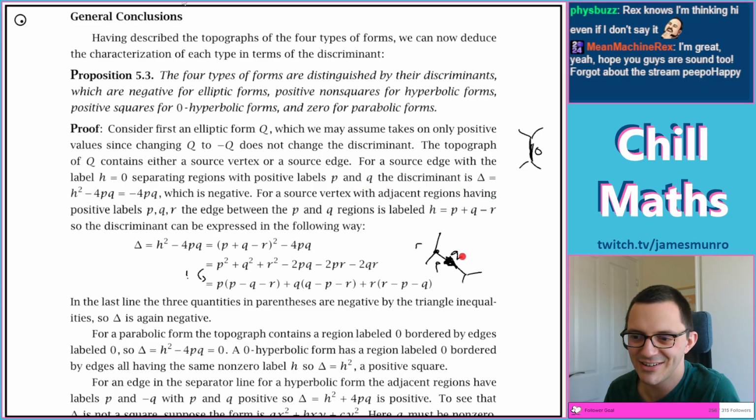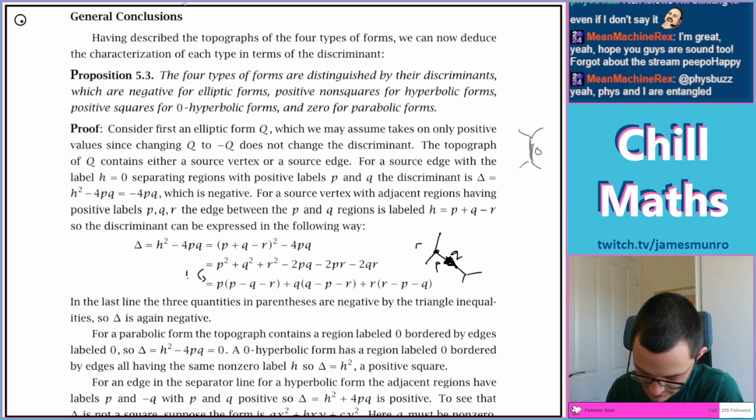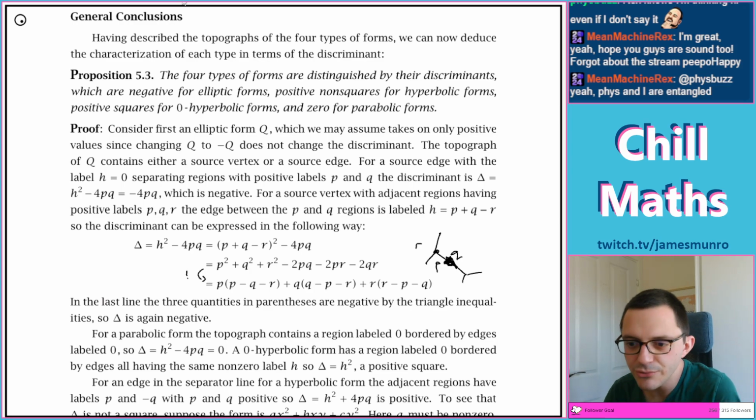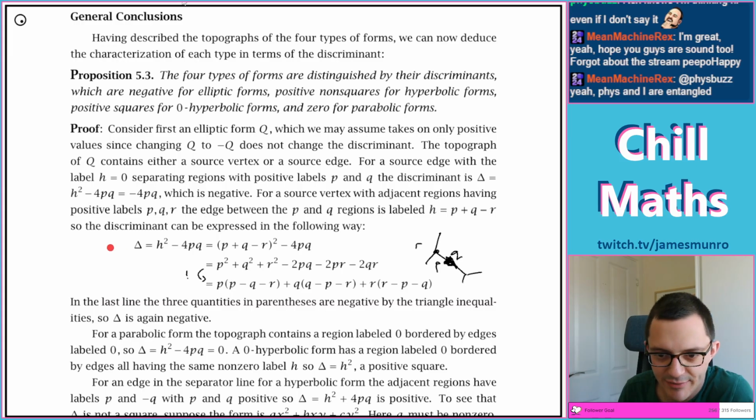Look, the discriminant is this, which is negative. For a source vertex with adjacent regions having positive labels p, q, and r, that's what this is pictures of. The edge between the p and q regions is labelled like this, and the discriminant is like this.